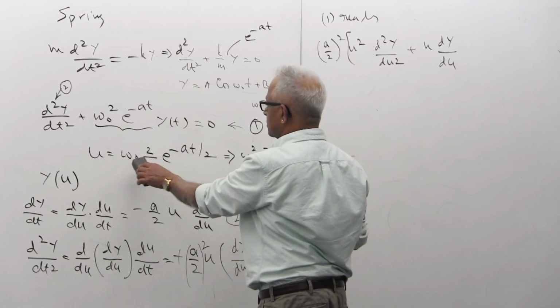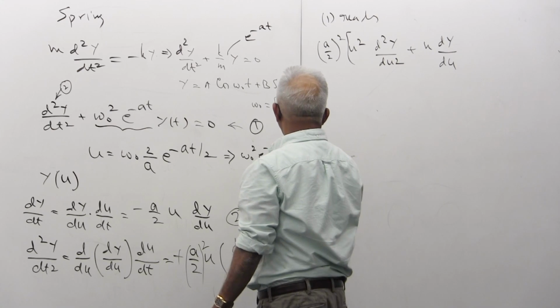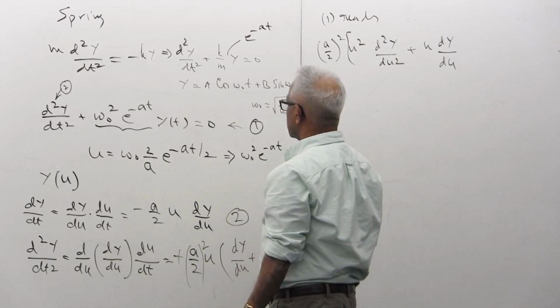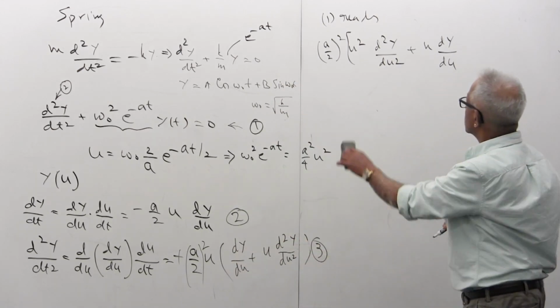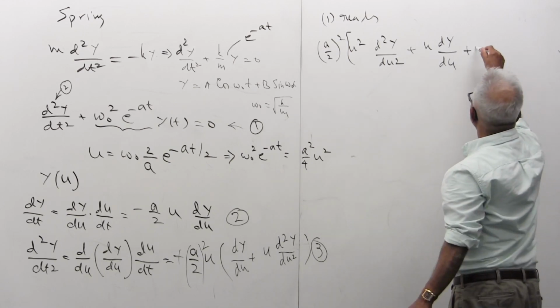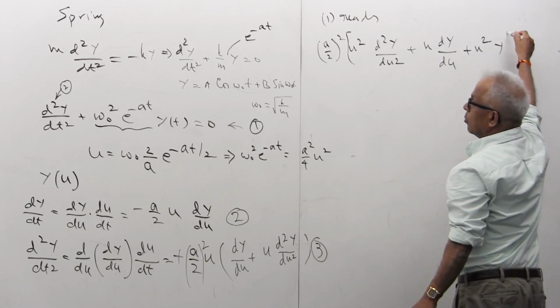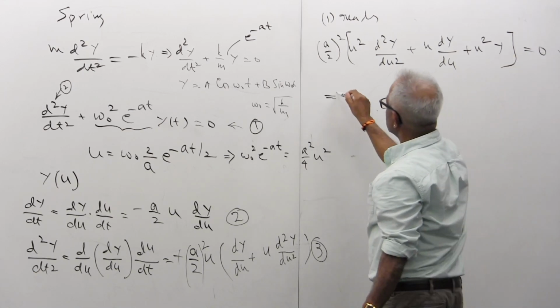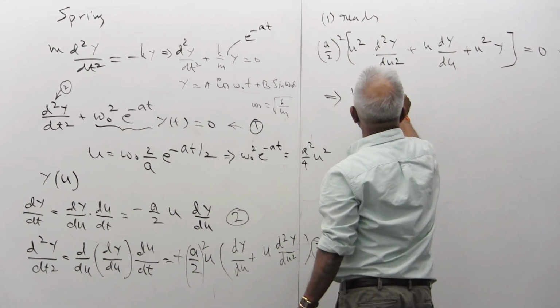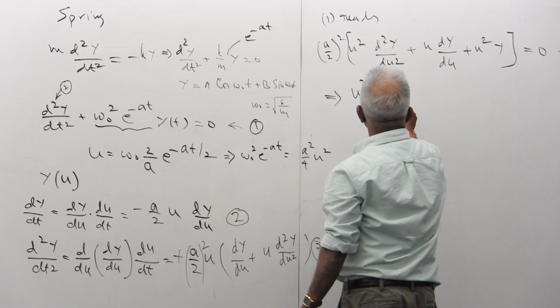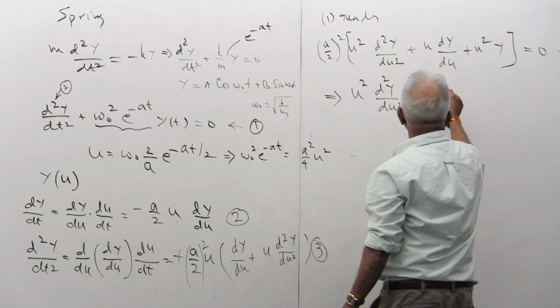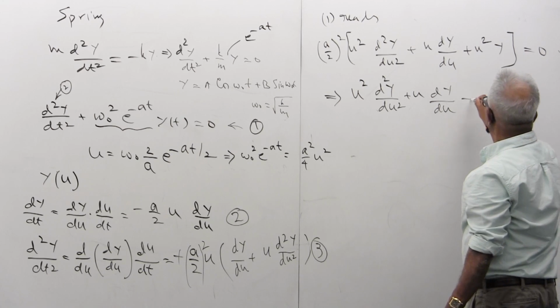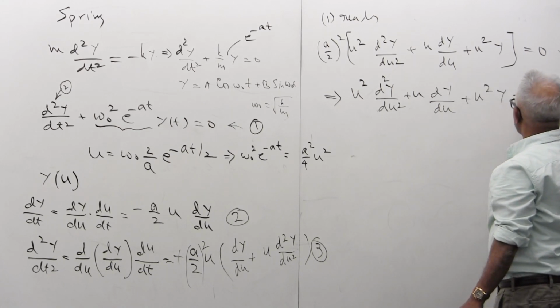So you square this, it is a squared by 4 u squared. So a squared by 4 is outside. So this leads to this differential equation: u squared d squared y by du squared plus u dy by du plus u squared y equal to 0.